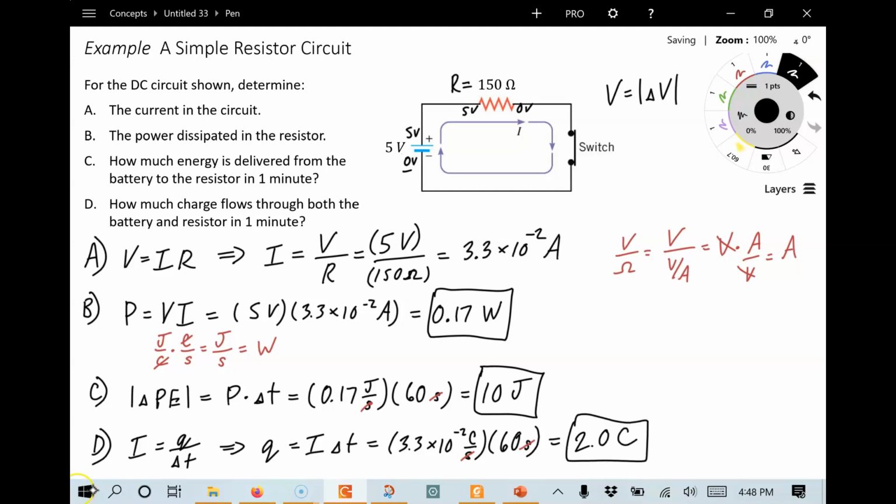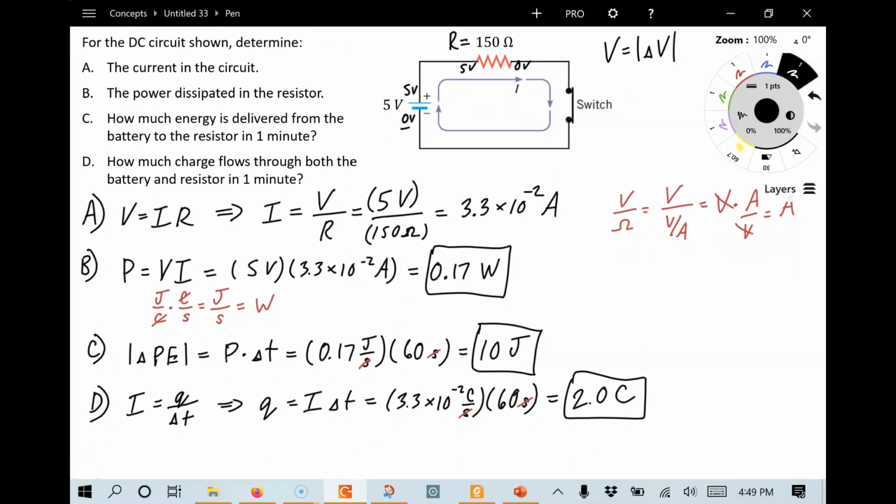Now I want to just show you one other way to do part D here, an equivalent way. So we remember from chapter 19 that the change in potential energy is equal to the charge multiplied by delta V. I just use absolute values for everything here. And we can use this equation to go ahead and calculate the value of charge. Assuming everything here is positive, absolute values, I'm going to drop them now.